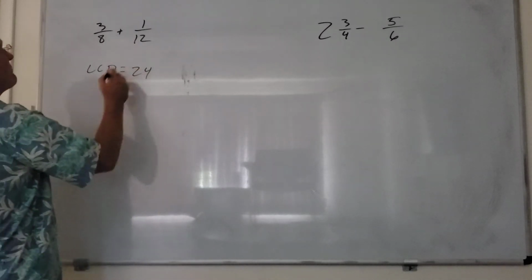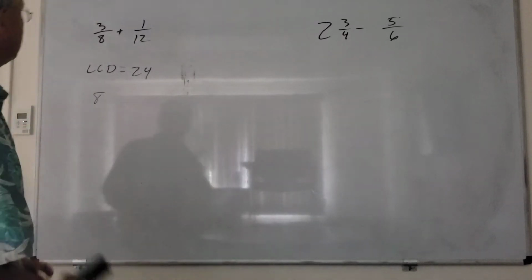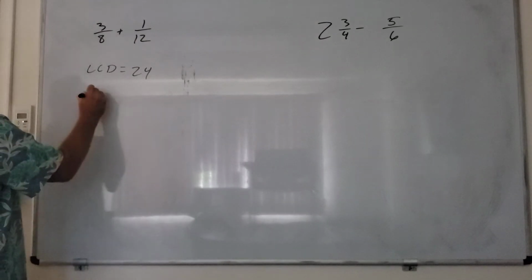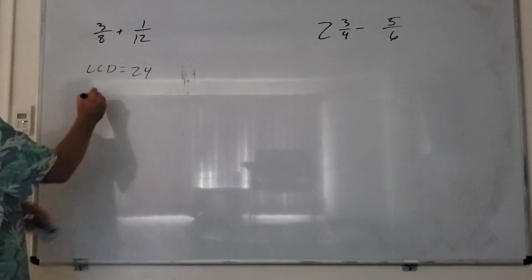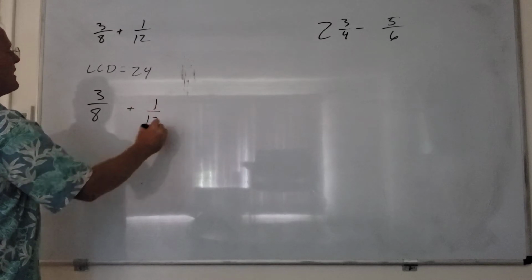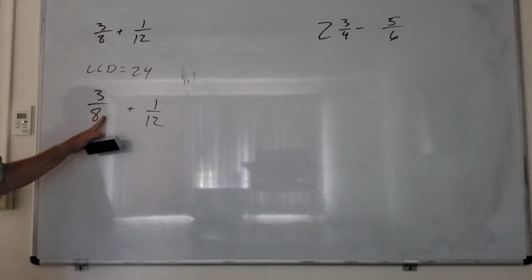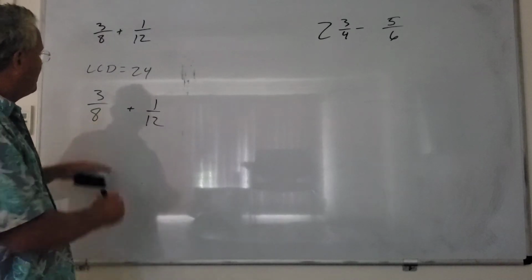So now we want to rewrite 3/8 and 1/12. We want these to have a denominator of 24. Well, 8 times 3 is 24.